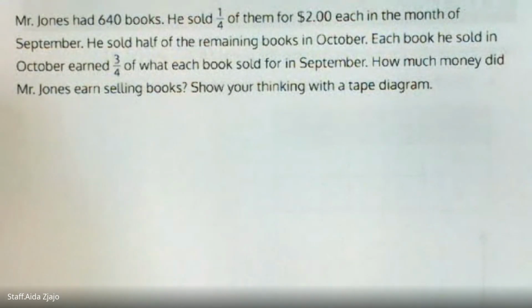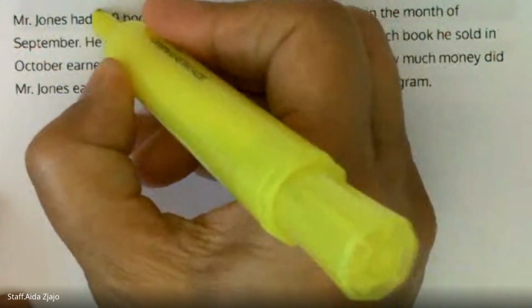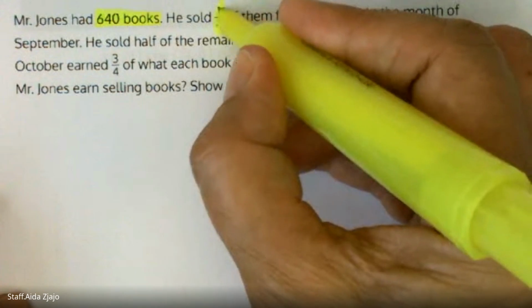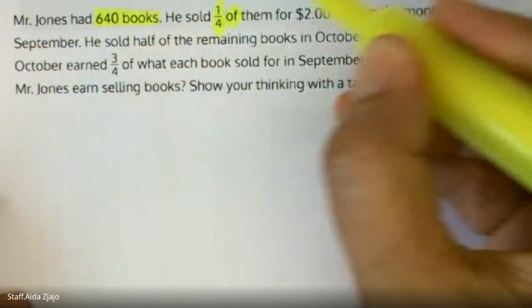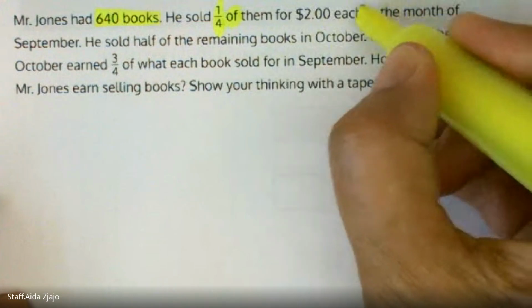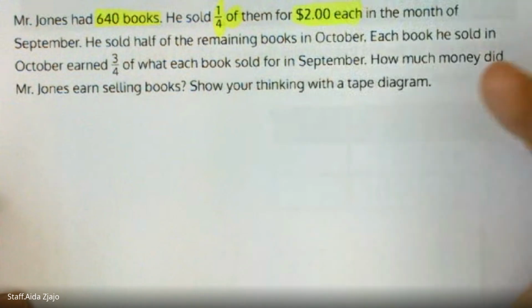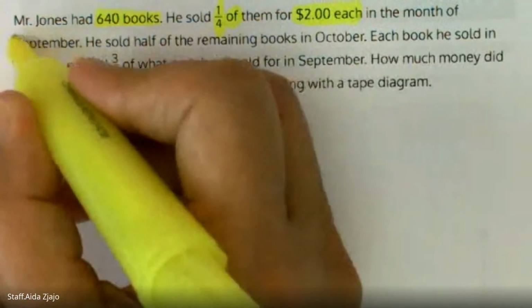Mr. Jones had 640 books. He sold 1/4 of them for $2 each in the month of September.